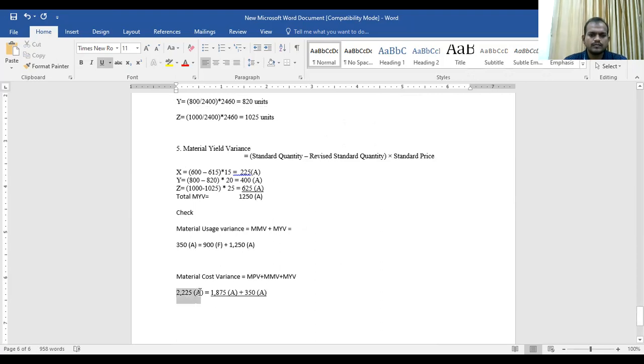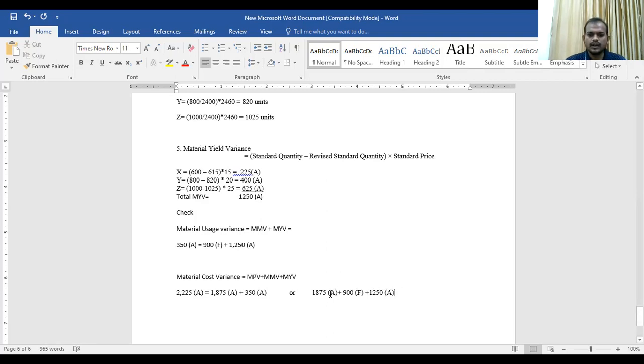See, both are equal. Or 1875 adverse plus 900 favorable plus 1250 adverse.